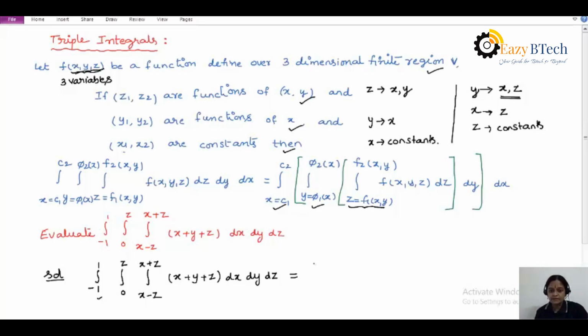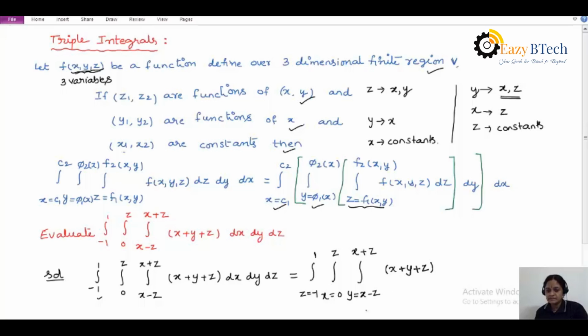Then I am writing the limits. y is equal to x minus z to x plus z, x is equal to 0 to z, and z is equal to -1 to 1. The integrand function is x plus y plus z.